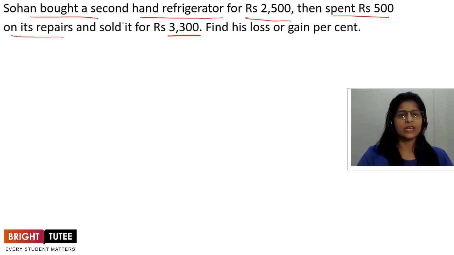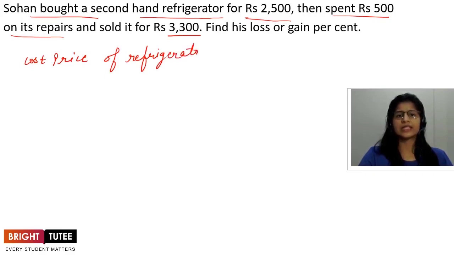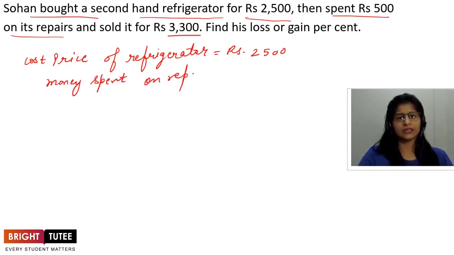First of all, what is the price that the second-hand refrigerator is bought for? We write cost price of refrigerator, rupees 2,500. Then money spent on repairs is rupees 500.